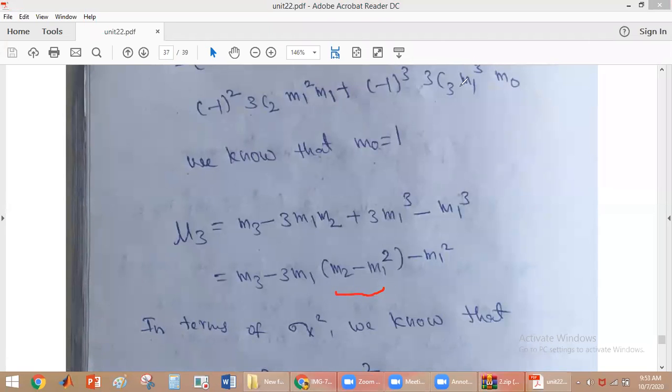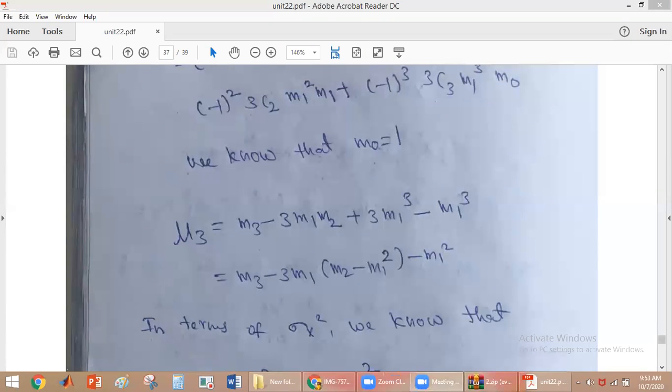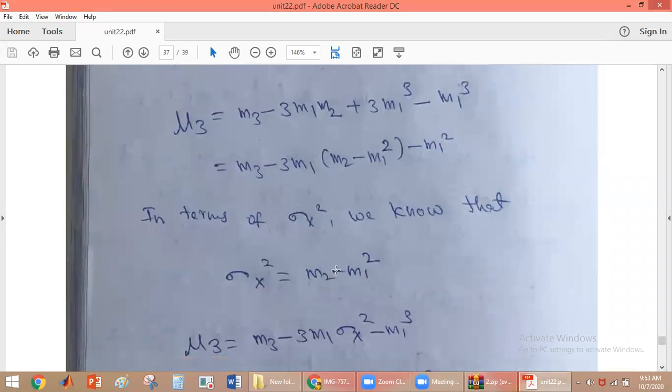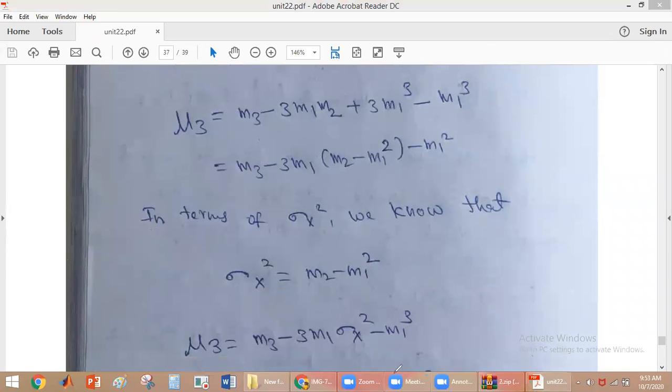So what is mu3 here? Mu3 can be written as m3 minus 3 m1 sigma x square minus m1 cube. So this is the relation we will be getting.